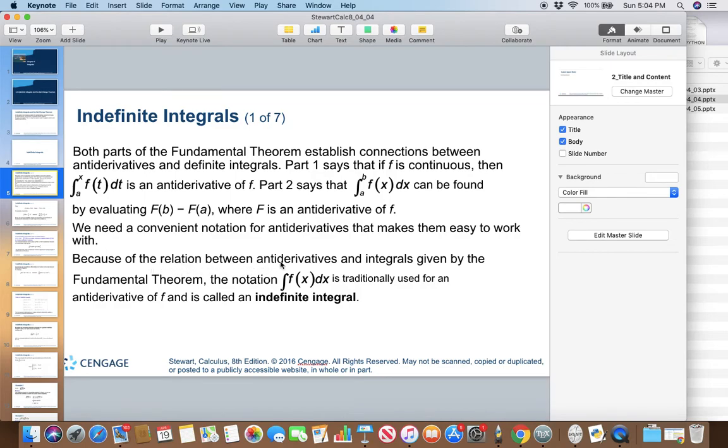Because the relation between antiderivatives and integrals is given by the fundamental theorem, the notation integral f(x) dx is traditionally used for an antiderivative of f and is called an indefinite integral. Indefinite because limits are not mentioned.